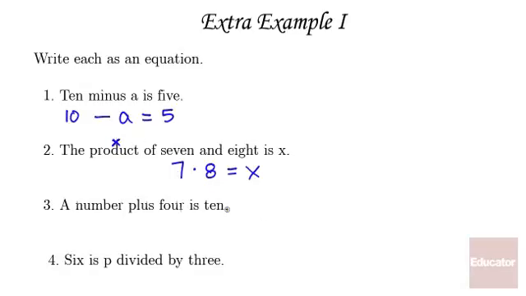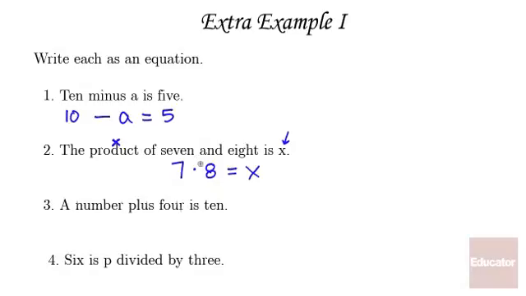But when I start writing equations, I don't want to use this anymore. I don't want to use the X to represent multiplication, because X we use as a variable, right? So since we're using it as a variable, as an unknown number, I don't want to write it here because it looks like I have a variable, right?